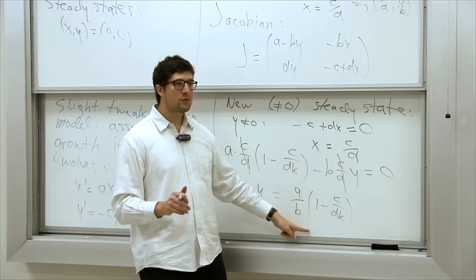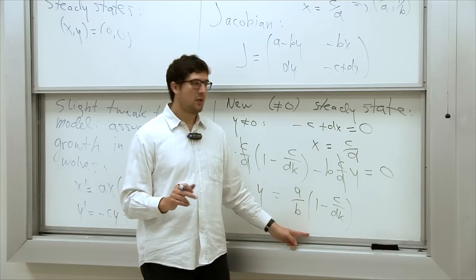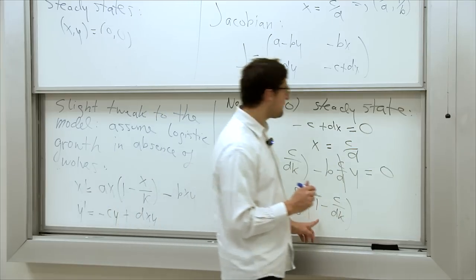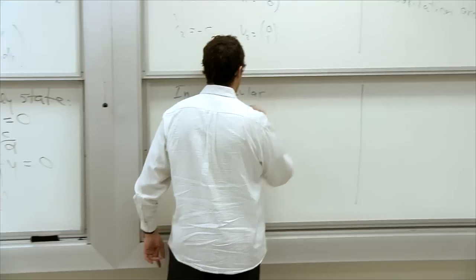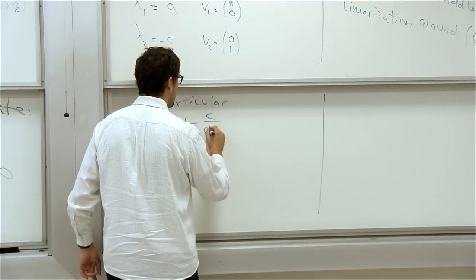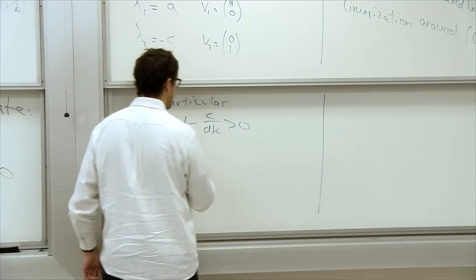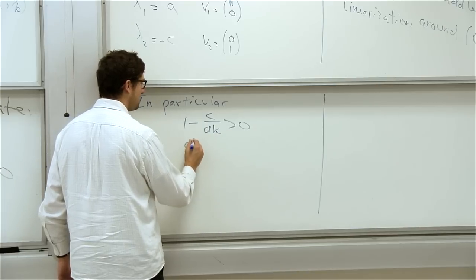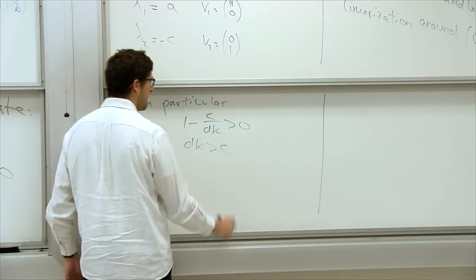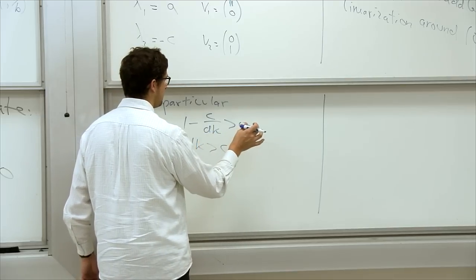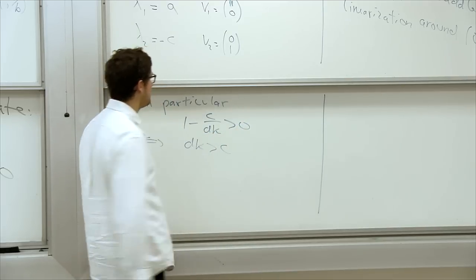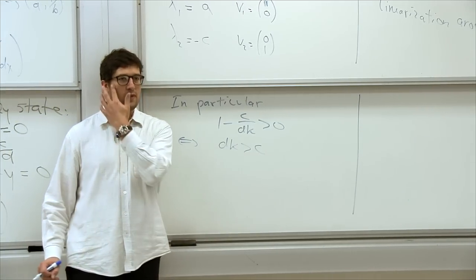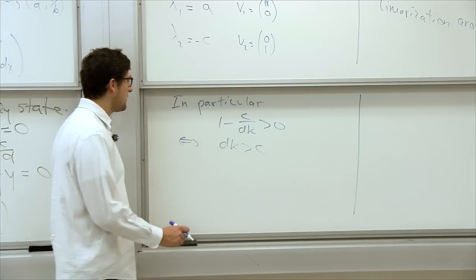We want our non-zero steady state to be positive, right? So we're assuming that this thing is bigger than 0. And so therefore, 1 minus c over dk is bigger than 0, which is the same as saying that dk is bigger than c. Okay? So we are setting the parameters in such a way that dk is bigger than c.